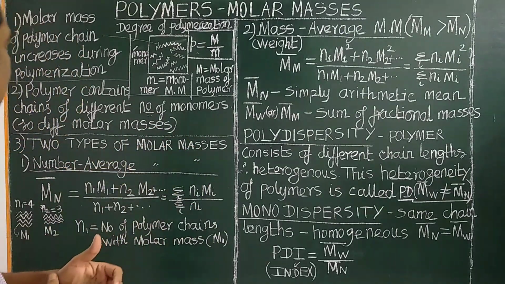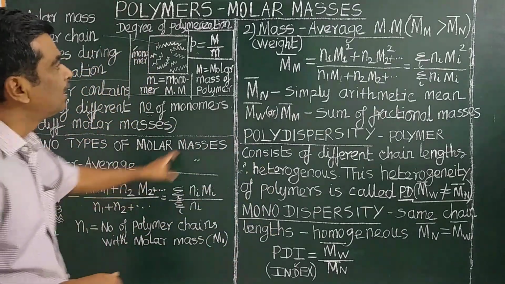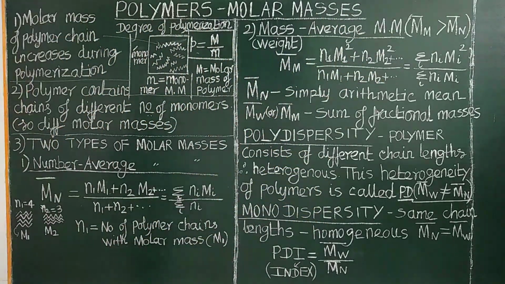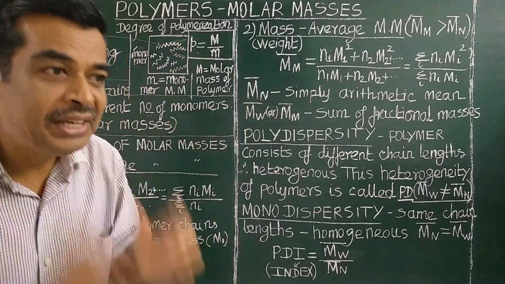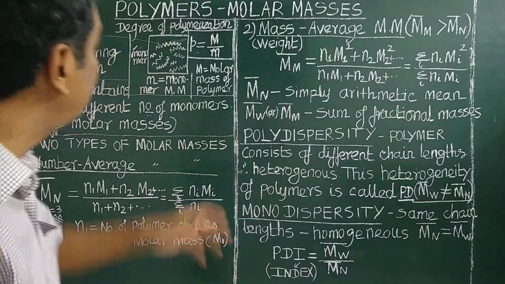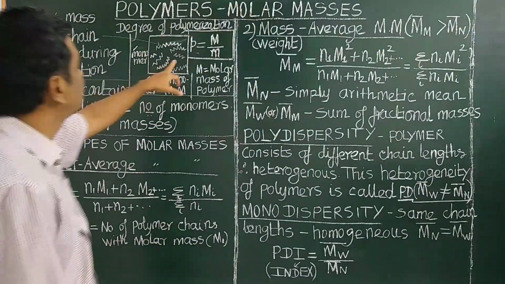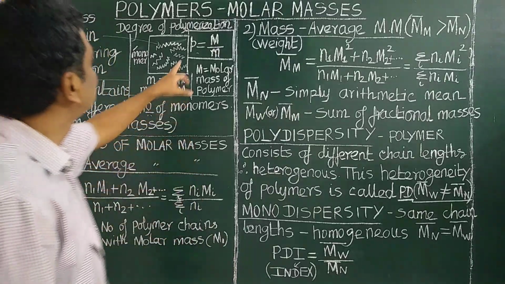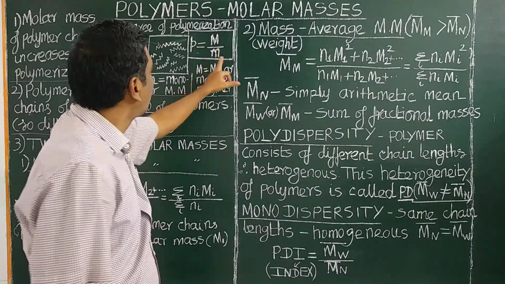To calculate the molar masses of the polymers, they are number average and mass average or weight average molar masses of polymers. Okay. Before that, let us see what is meant by degree of polymerization. It is represented by P. There is a relation between degree of polymerization and molar mass of the polymer and the molar mass of the monomer.